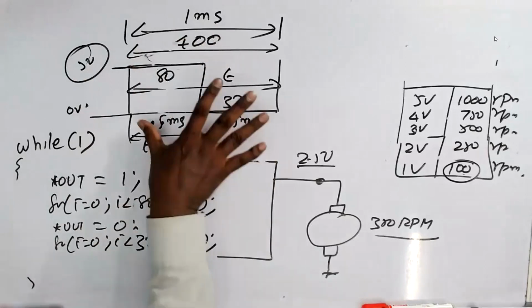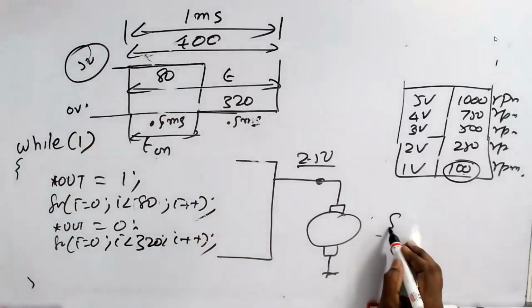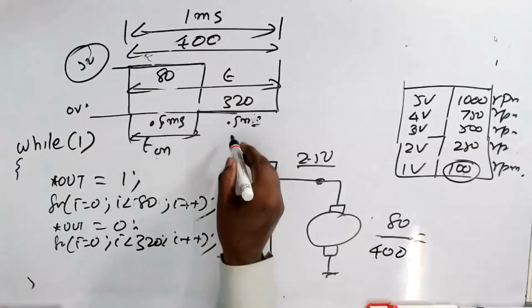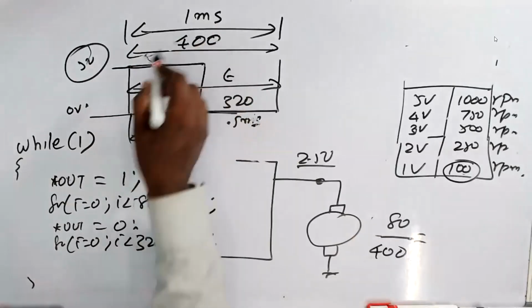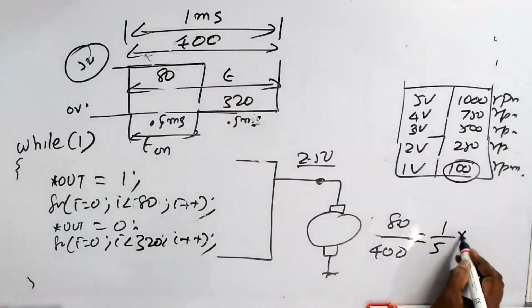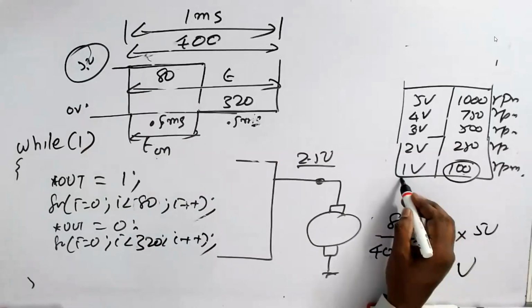So totally 400. But what is the duty cycle? Now 80 by 400, by T, not T off. This is T off. The T is 400. That does not change. So 80 by 400 is equal to 1 by 5, into 5 volts, is equal to 1 volt. 1 volt is 100 RPM.